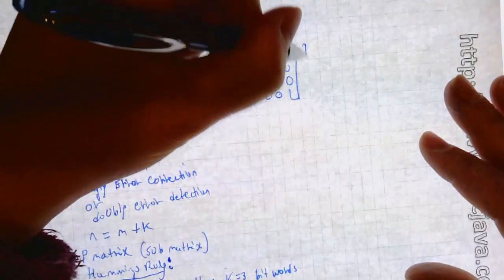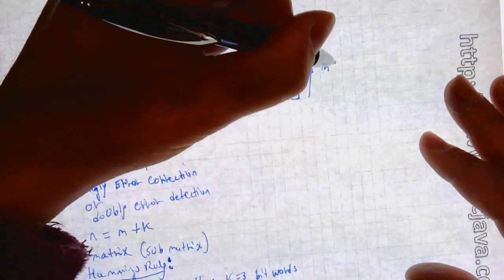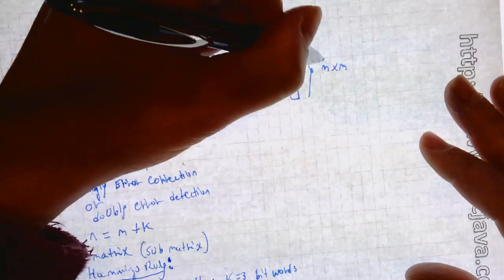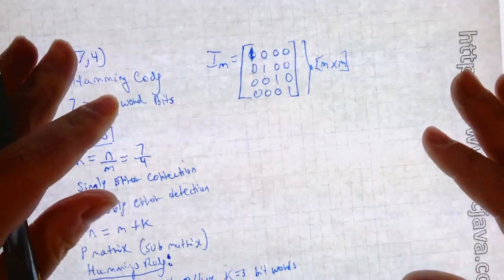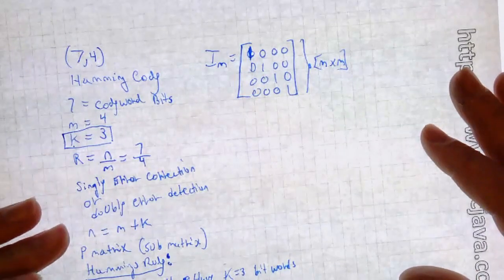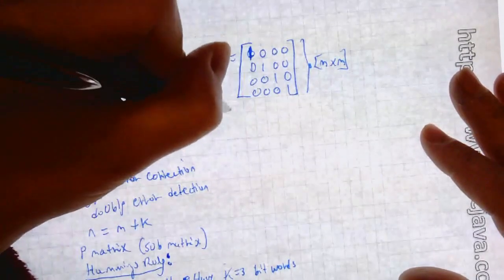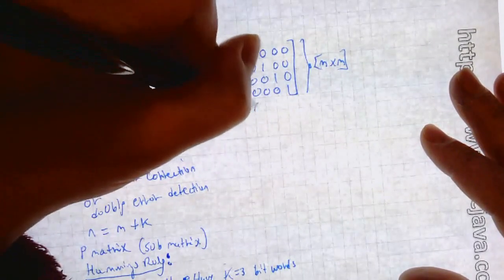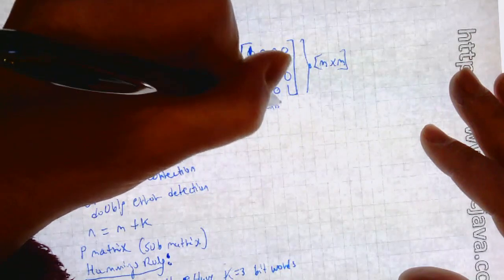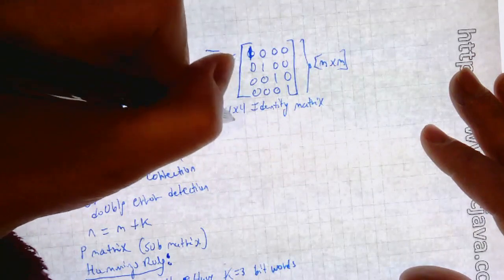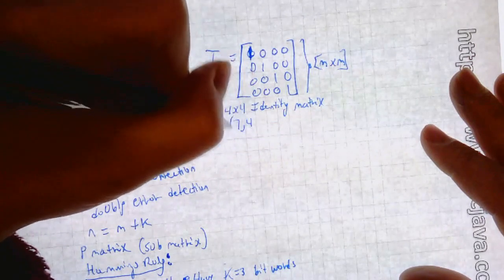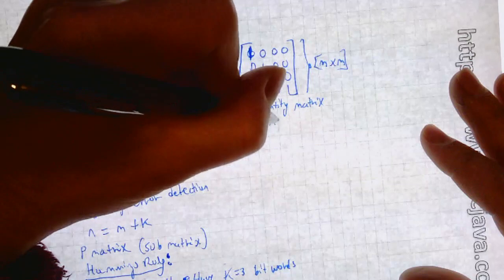So what we have here is an m by m identity matrix, I sub M. This is called a 4 by 4 identity matrix for the 7, 4 Hamming code.